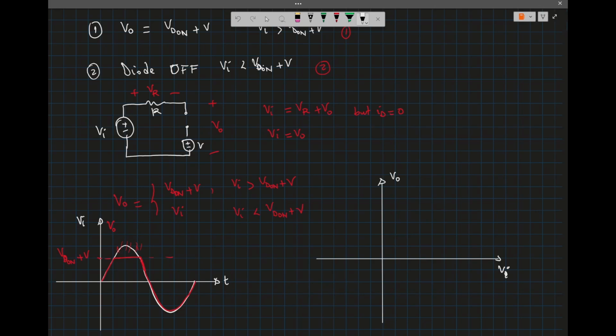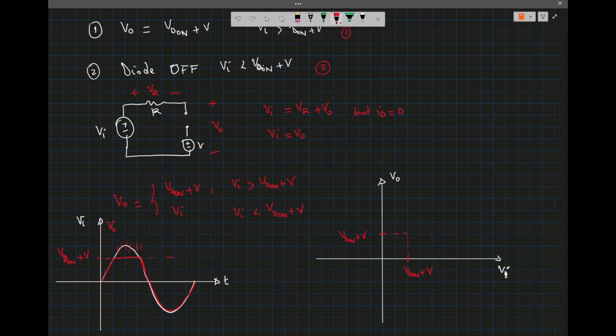Let's put VD on plus the threshold voltage there.